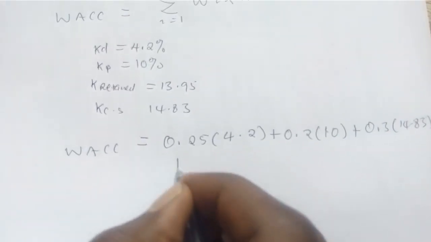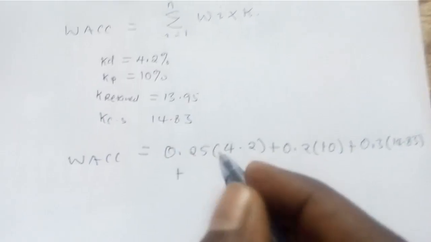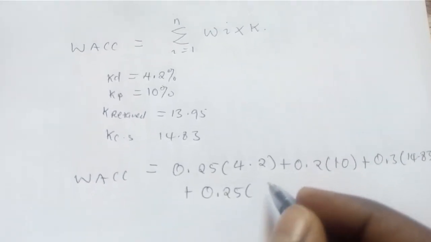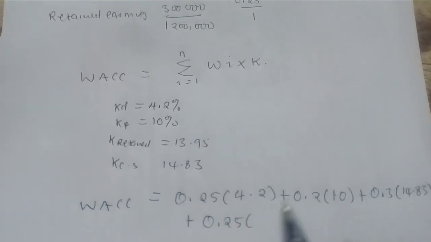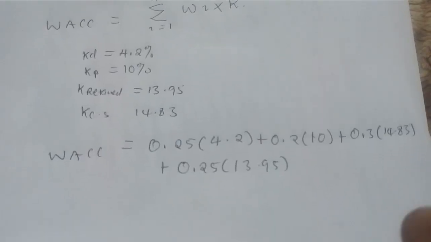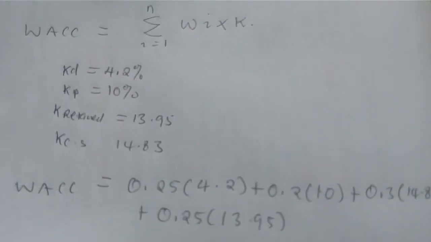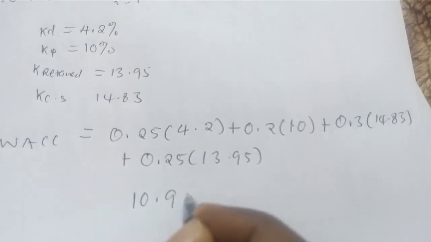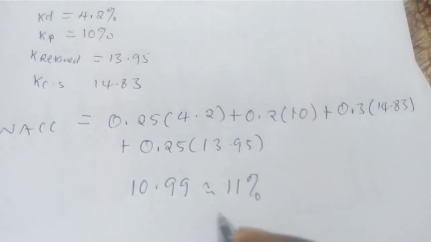Then we also add the weight of retained earnings, which is 0.25, multiplied by the cost of retained earnings, which is 13.95. Then summing this up will give us 10.99, or you can simply say 11%.